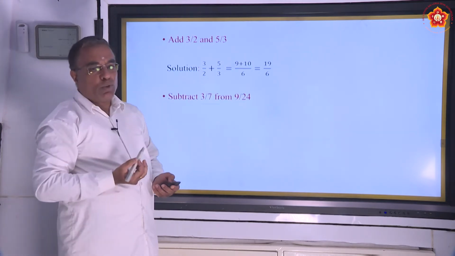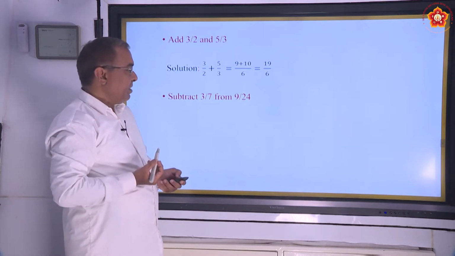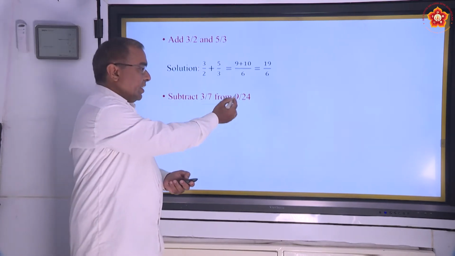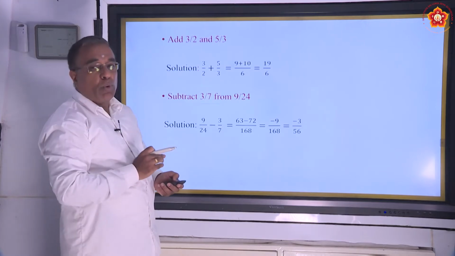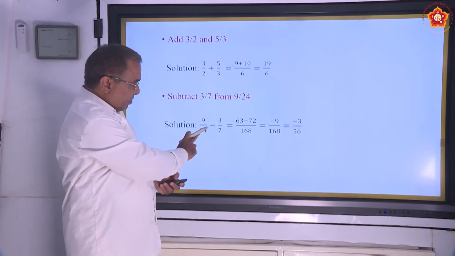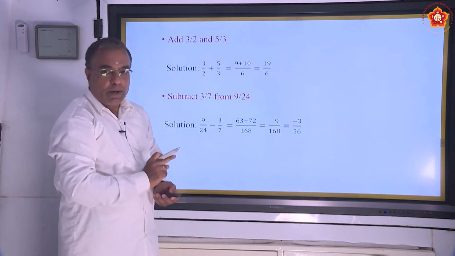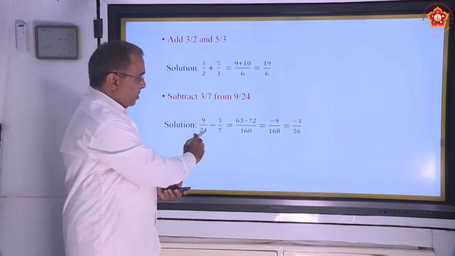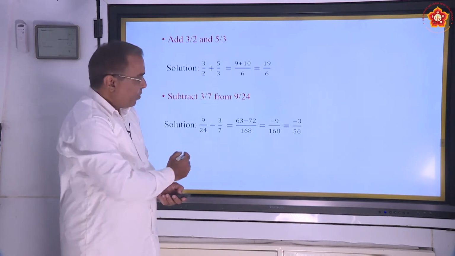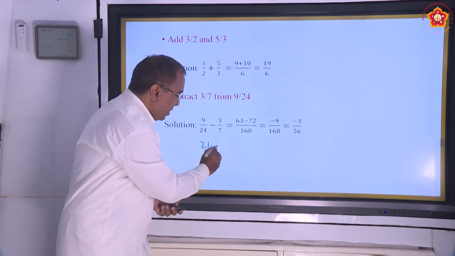In the same way, how to subtract when the denominators are different. Here the denominators are 7 and 24. From 9 by 24, which we have to take first, we are going to subtract, minus 3 by 7. So, we will take the LCM of 24 and 7, which means we multiply 24 and 7.